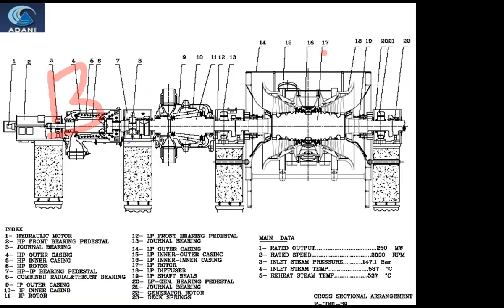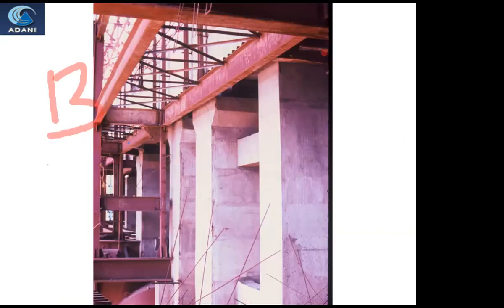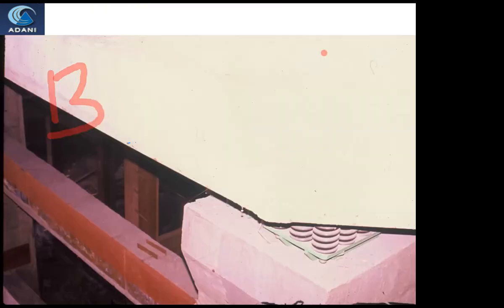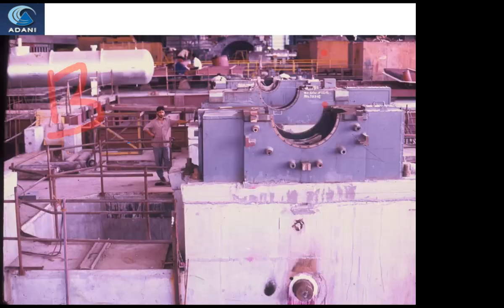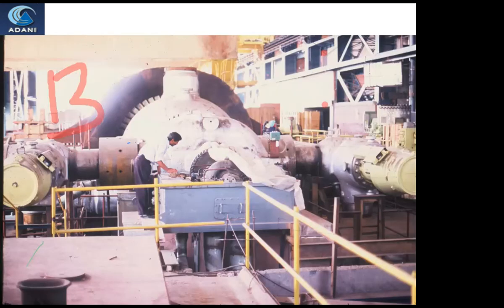This is the general arrangement of the turbine: foundation, HP turbine, IP turbine, and LP turbine. Another floor of the turbine before installation.